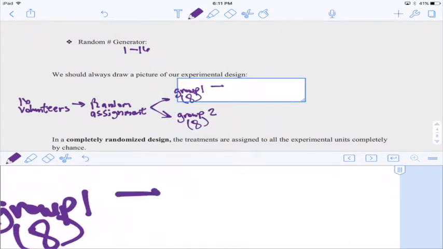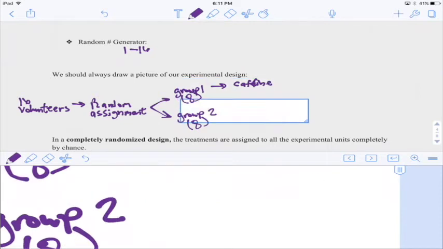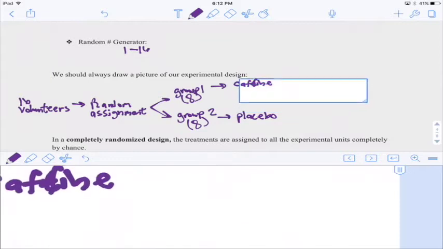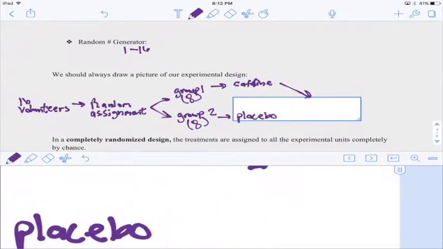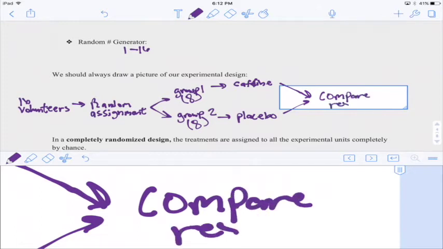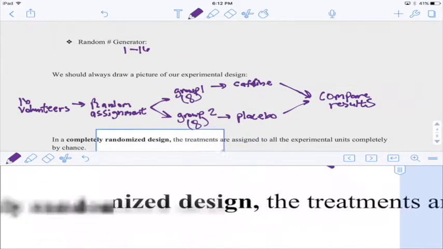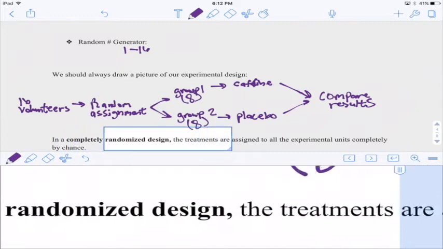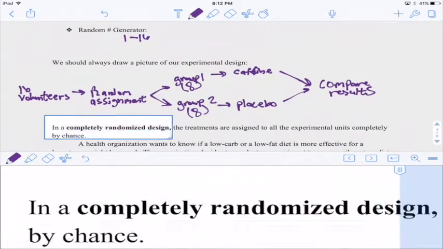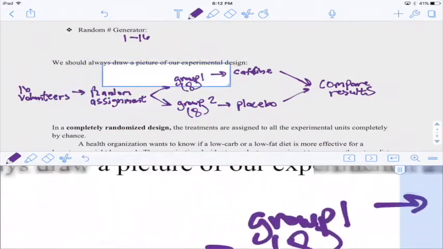And then group 1 gets the caffeine, and group 2 gets the placebo. And then we can compare our results. In a completely randomized design, the treatments are assigned to all the experimental units completely by chance. So what we did, we have our random assignment.